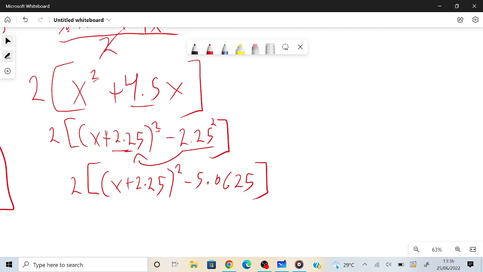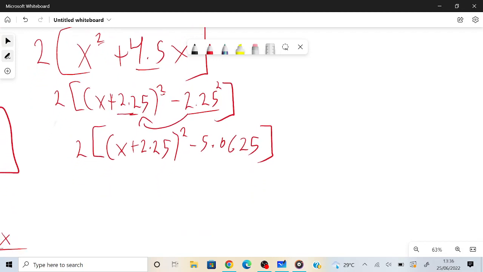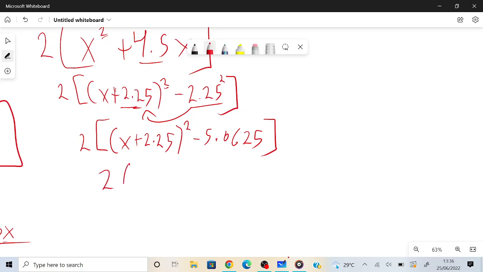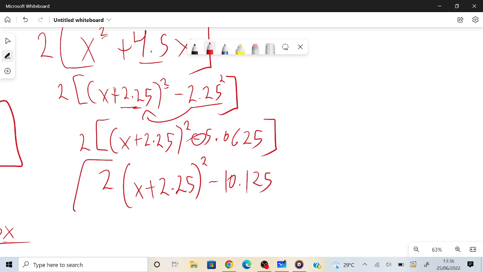And again, you now multiply everything inside the square brackets by 2. So this becomes 2 into x plus 2.25 squared, and minus 5.0625 times 2 is minus 10.125. Do ensure that the minus sign always stays there, unless, as we will look into further examples, then you can see how it can be positive.